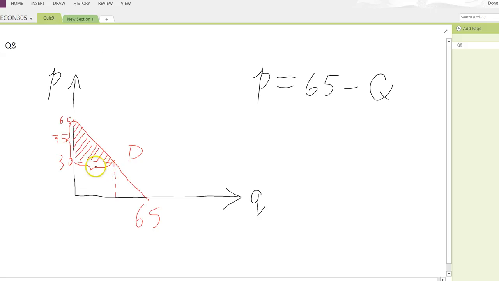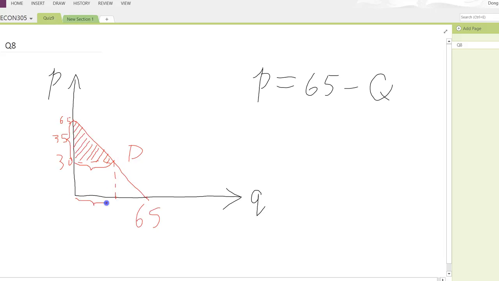To find out the length, we note first this point is on the demand curve, and the price on this demand curve is 30. So to find out the length, we just need to find out the quantity here when the price equals 30, right?